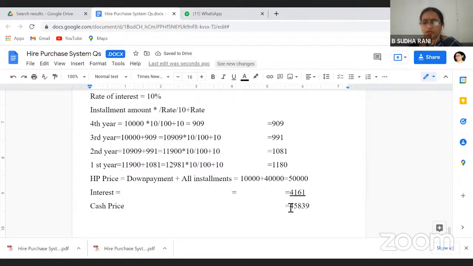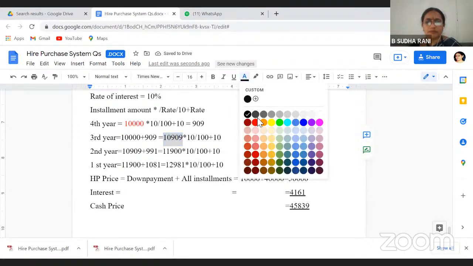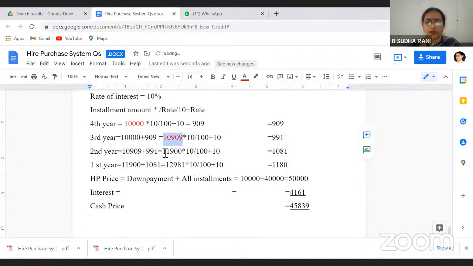Which should be equal to this here: 10,000 plus 10,909, 11,900, and 12,981.